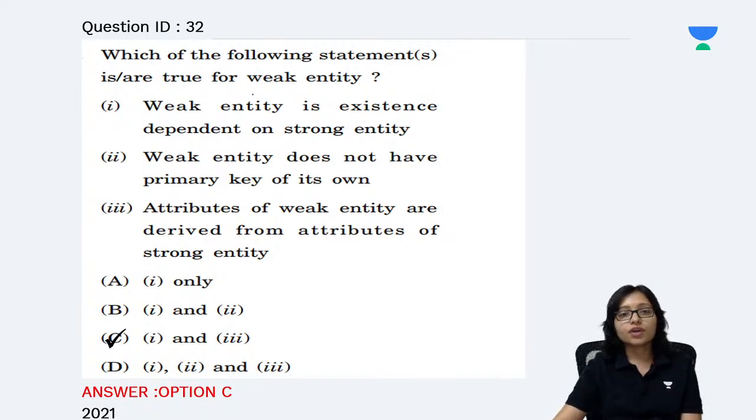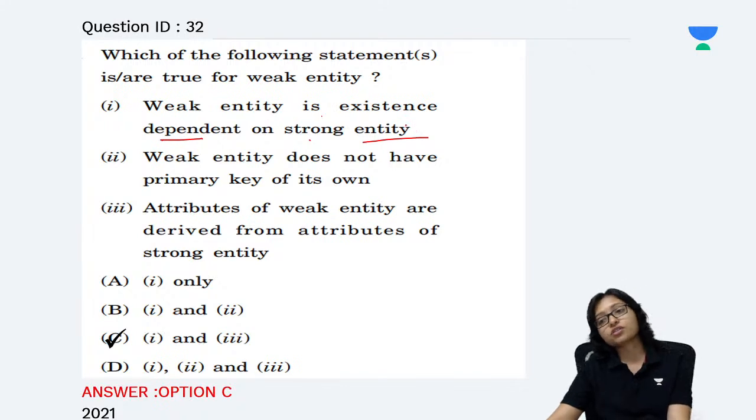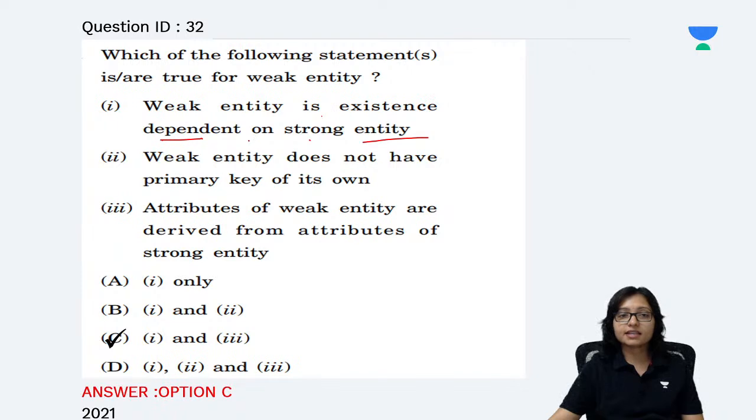See, weak entity is existence dependent on strong entity, which is true. Weak entity does not have a primary key of its own. This is correct.